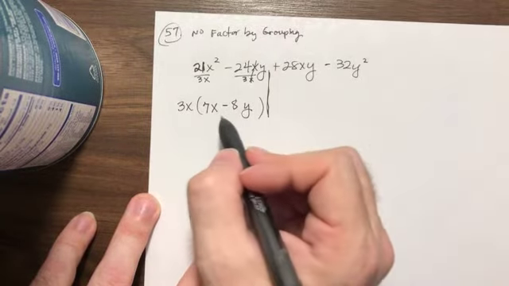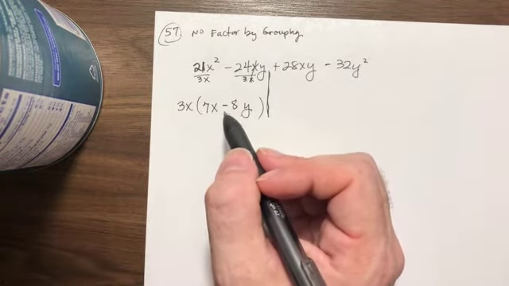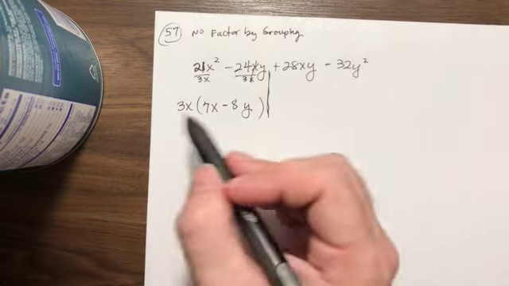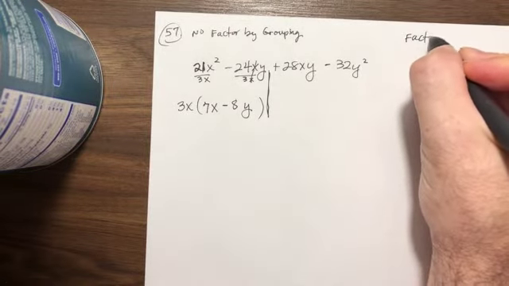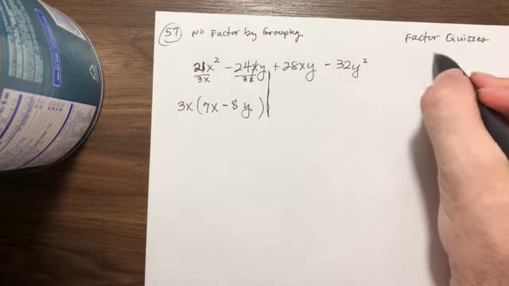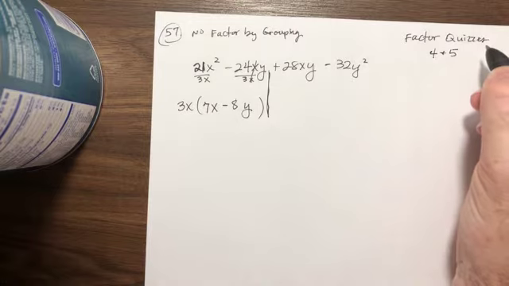Now this is stuff that you learned online, as I was doing problems for you in the quizzes. The factor quizzes are 4 and 5, I believe.